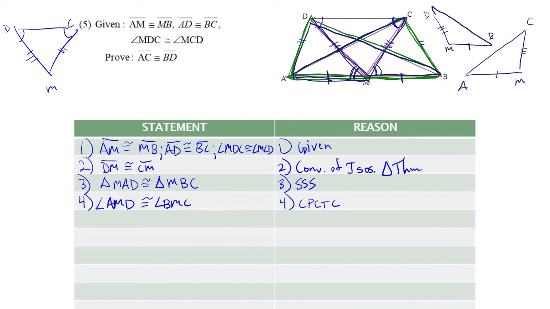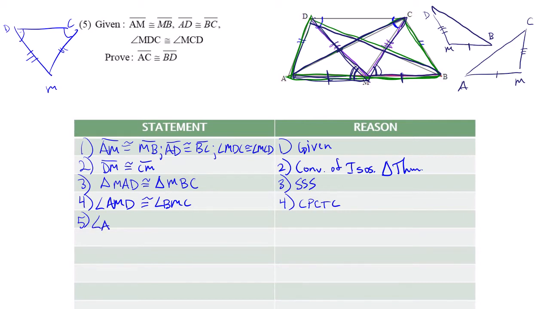Okay. All right. So then we know that angle AMC is the sum of AMD and DMC, right? So let me write that out. This is by the angle addition postulate, excuse me.